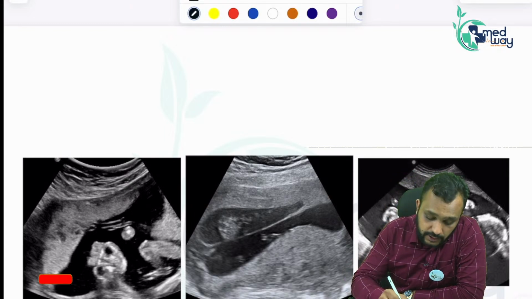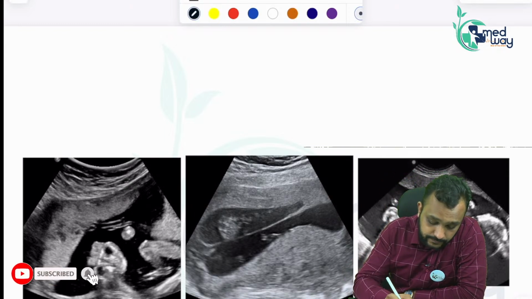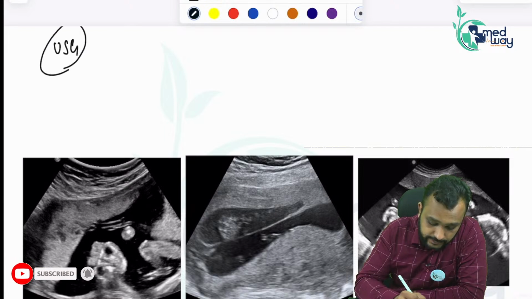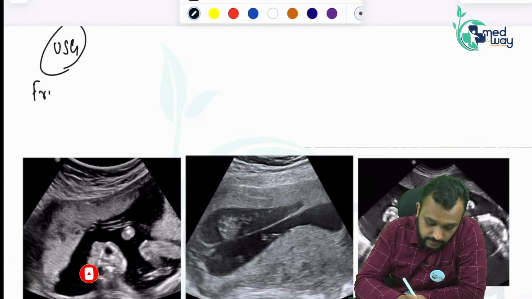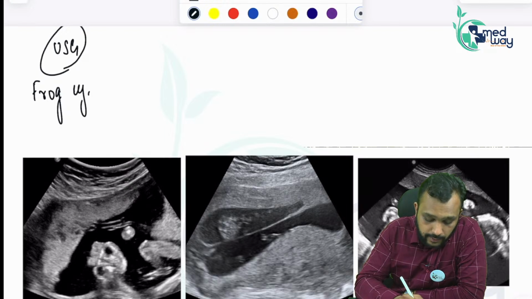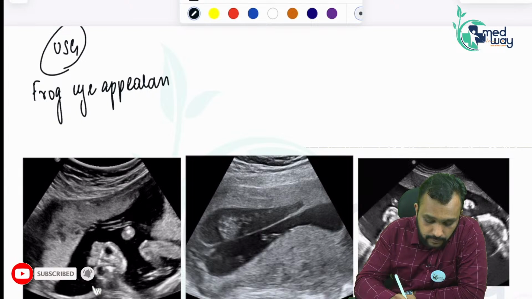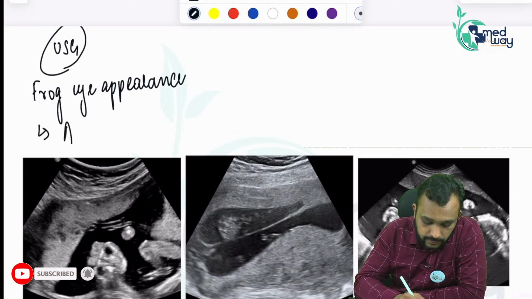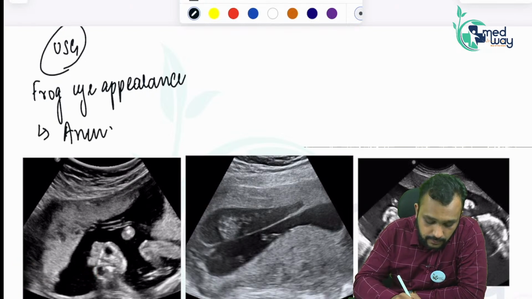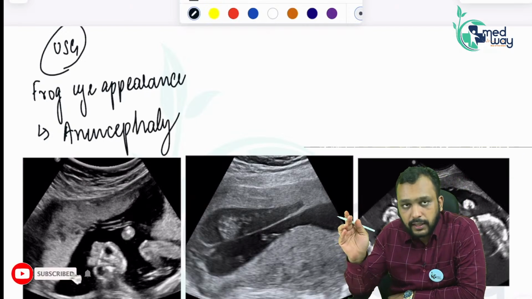A few USG images in the obstetric section. The first is a frog eye appearance. This is seen in patients with anencephaly, frog eye appearance.